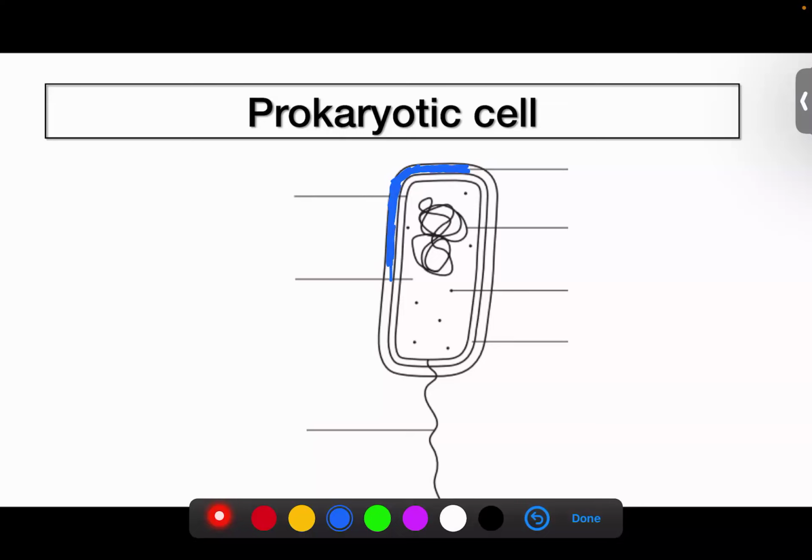This is cell wall. We have represented the thickness of the cell wall with two lines. Okay. And towards the inner side, you can see there is another line, which is cell membrane.